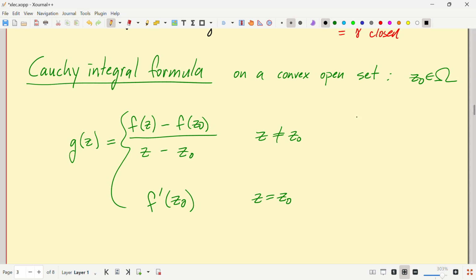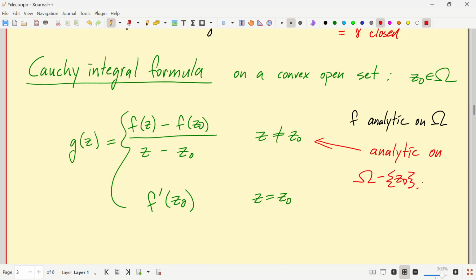So we're assuming here that f is analytic on omega. And so this thing is analytic on omega minus z naught.